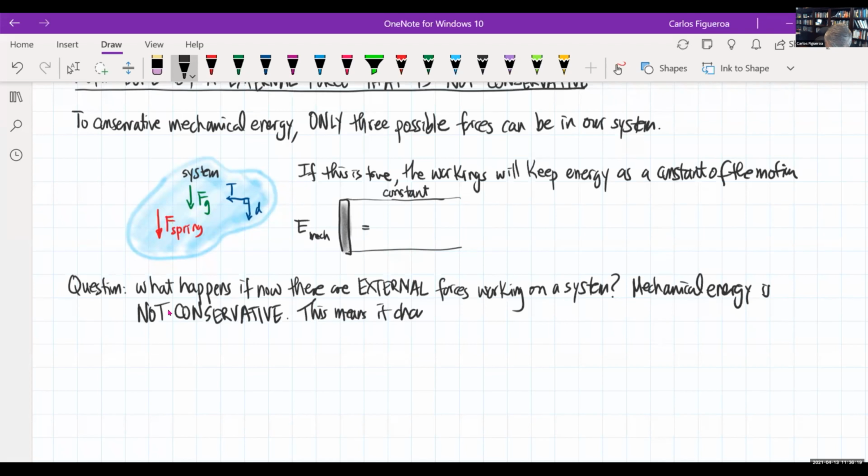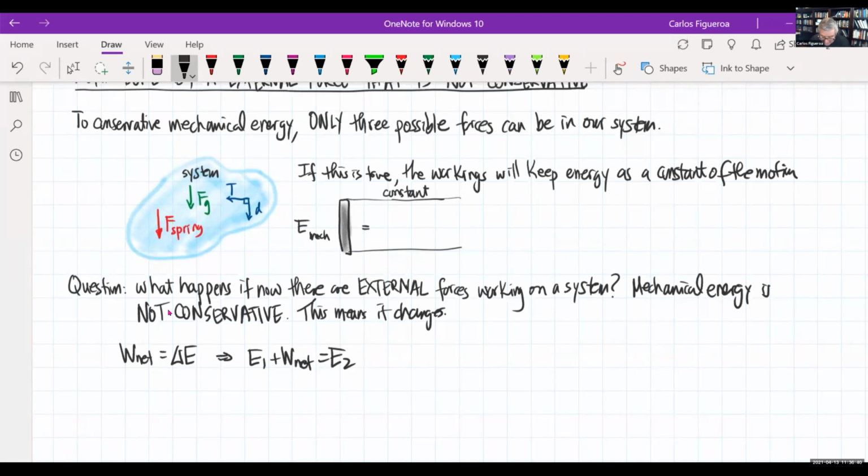It changes. And that shouldn't be a surprise, because we said that anytime there's a net work done, that work changes the energy. So in other words, if I start off with energy, it has to be like this here.